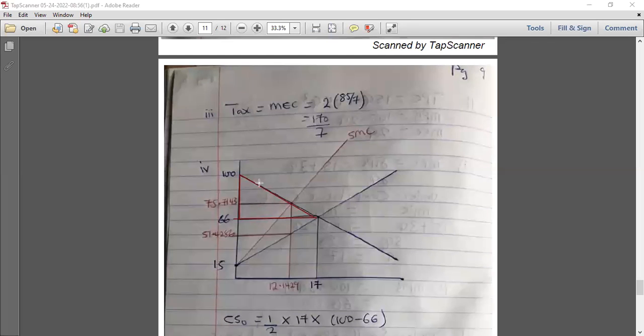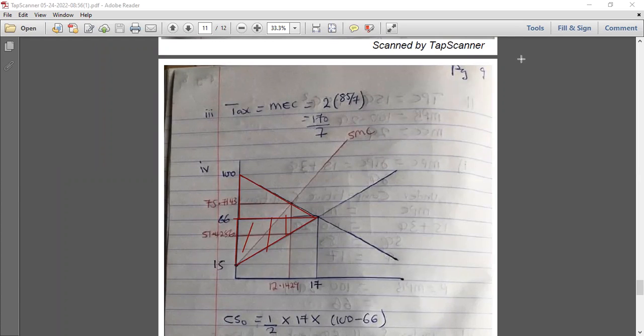And then if you want PS, okay, PS is the portion or the area below the price but above the supply curve. So this one here, this big triangle here, this one too is half base times height. The base is still the quantity and the height is the distance here, 66 minus 15. That is going to be the height.